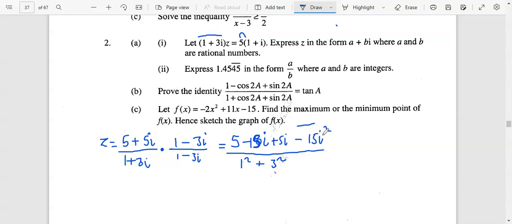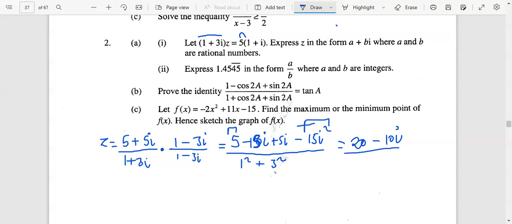Alright, so we are saying negative 15i squared will give us positive 15. So this is positive 15. We are going to add to the positive 5. That will give us a 20. The negative 15i plus 5i gives negative 10i.